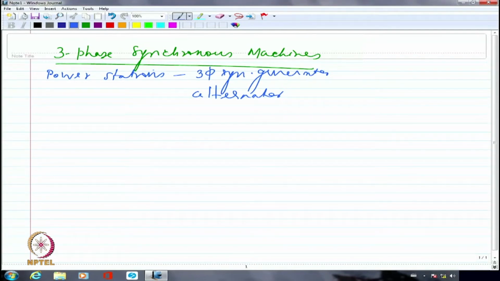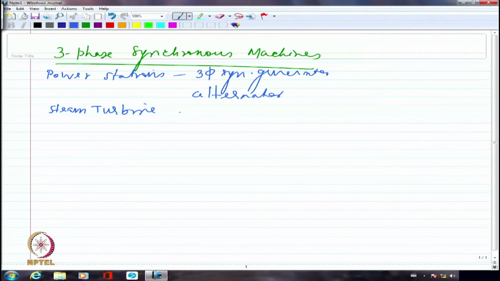the power stations. And generally, if we are looking at the steam turbine driven power stations like NTPC or Nuclear Power Corporation, both of them generally use generators which work at 3000 RPM.